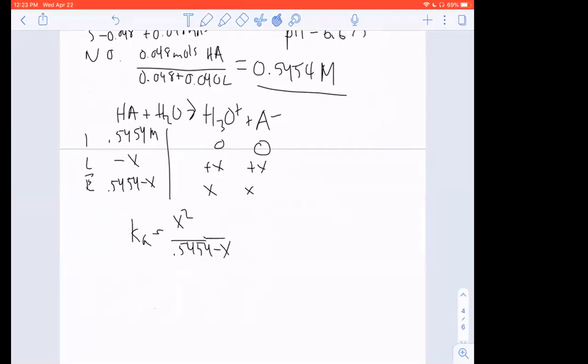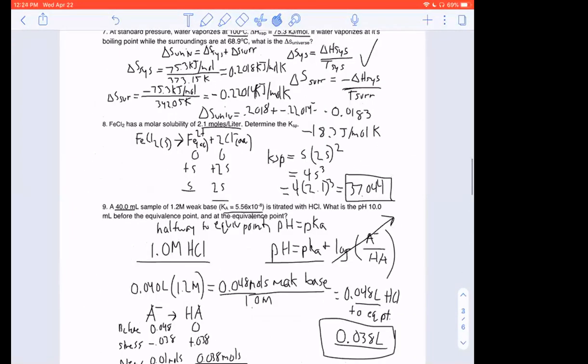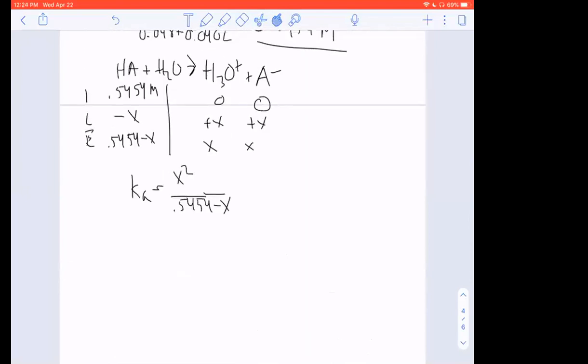The Ka, remember, was given to us as, I believe, 5.56 times 10 to the minus 8th. So all you're going to do is use your solver function again and plug this in. Assuming I did this right earlier, the x value you should get is 1.74 times 10 to the minus 4th.